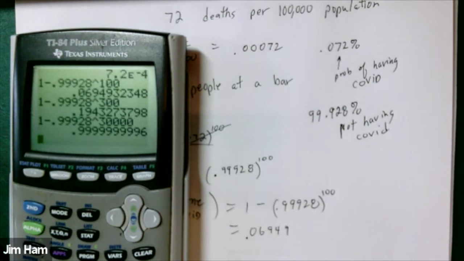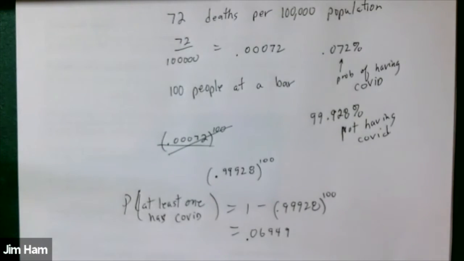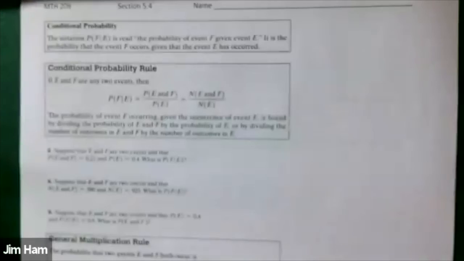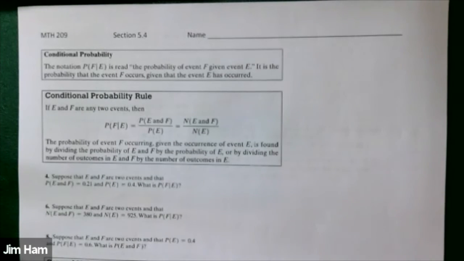It's 1. So this is why the recommendation from the CDC is to avoid large crowds. If people would just avoid large crowds and wear masks, then we could have this COVID thing taken out. As it is now, since we're not doing anything, they're predicting 400,000 deaths by the end of the year.